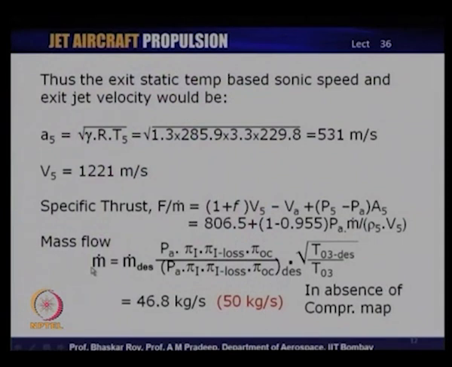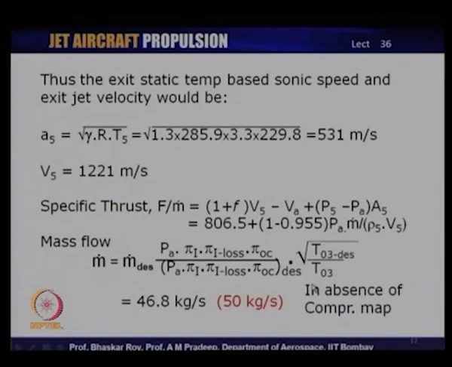The mass flow at off design can be related to the design mass flow by using first the design mass flow, and then the parameters that we have of the engine: the ambient condition, the intake pressure ratio, the intake pressure recovery, the compression ratio, the product of all of them compared to the product of all of them at the design point, and then a root over of T03, which is the turbine entry temperature at the design point, and the same thing at the off design point.